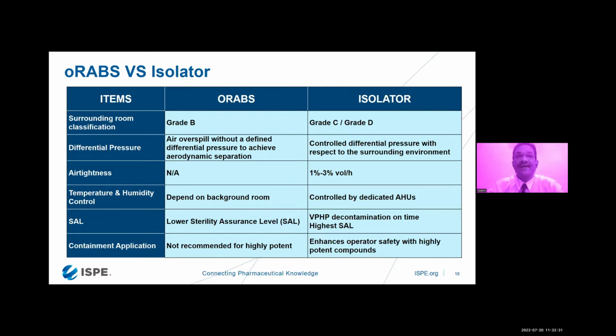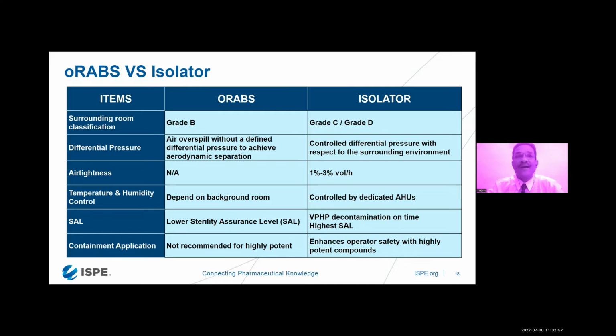The air which goes into the critical zone comes back into the room, so it's not a completely sealed or insulated system. That is the reason when you have equipment integrated with an ORABS, you will have to have a background area of grade B.